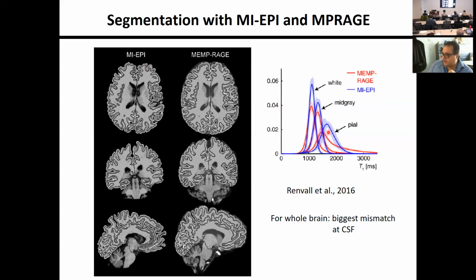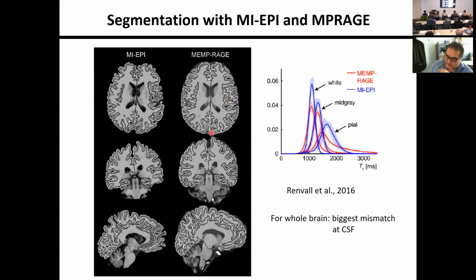And you see, if you have in red the MPRAGE, you have a certain distribution, and in the multi-inversion EPI a different distribution. For white matter and mid-gray matter, the distributions look very similar. However, the big differences are at the pial surface, which means the biggest errors, probably, if you take this data as guidance and you use standard T1 weighted, are close to the pial surface.